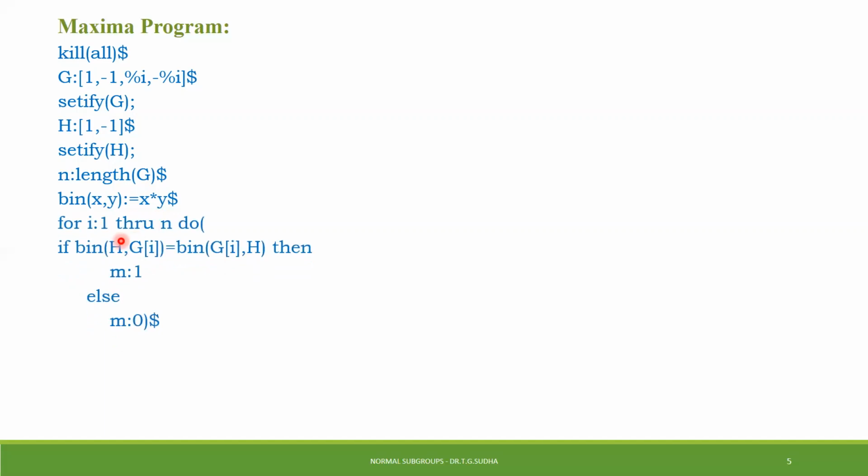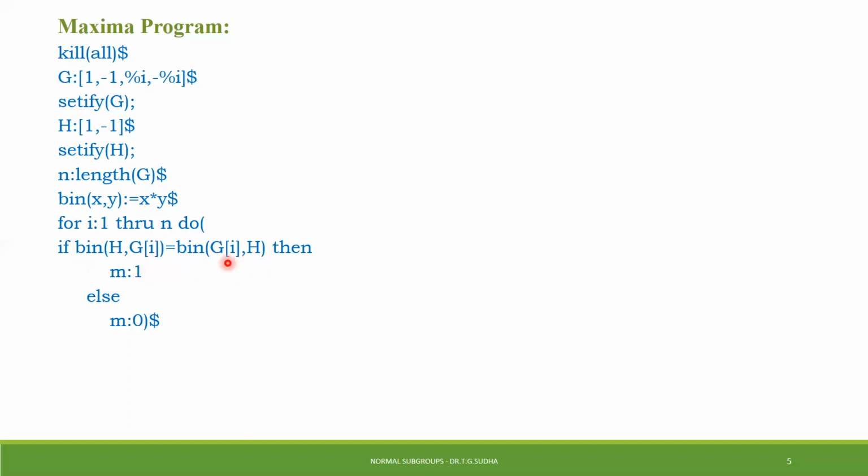So let us use a loop on the elements of G. For I running from 1 through n, let us find out what is bin of h comma g of I. Here g of I represents the element of G, is equal to bin of g of I comma h. So this is the right coset and this is the left coset.